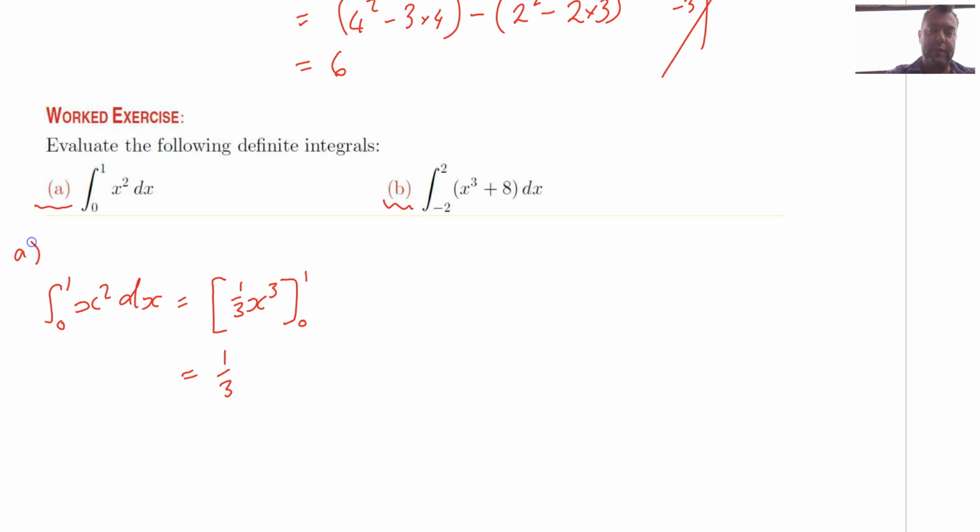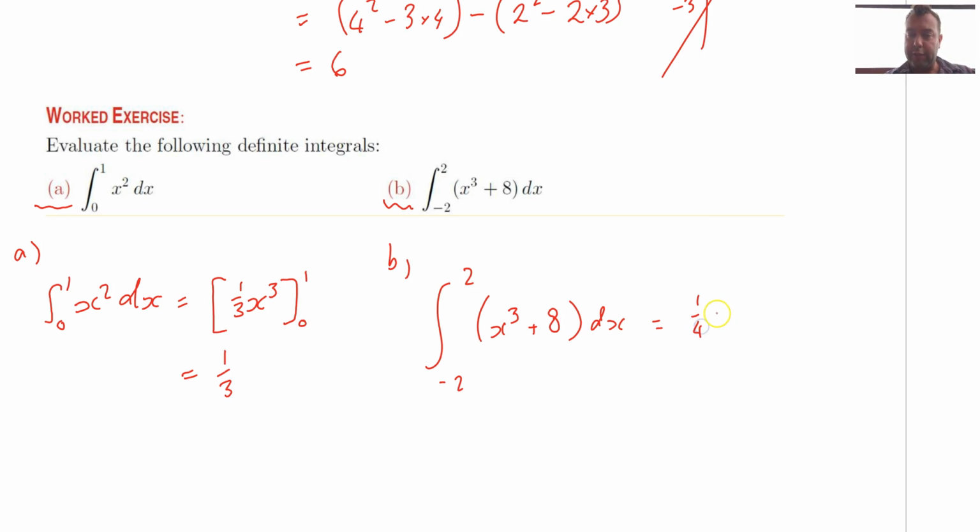That's a and b. Now we've got the integral from negative 2 to 2 of x cubed plus 8 dx. So we need to integrate this. x cubed is going to be 1/4 of x to the 4, and that's going to be 8x.